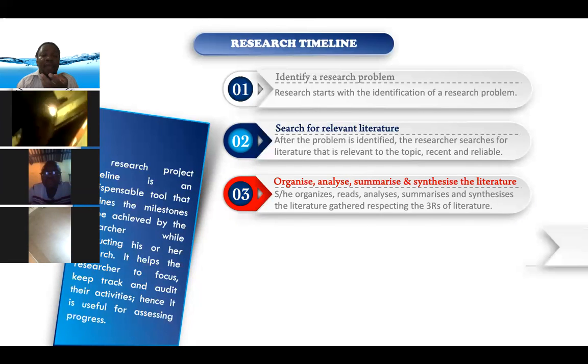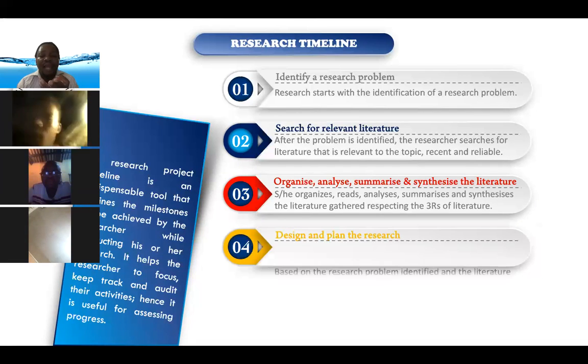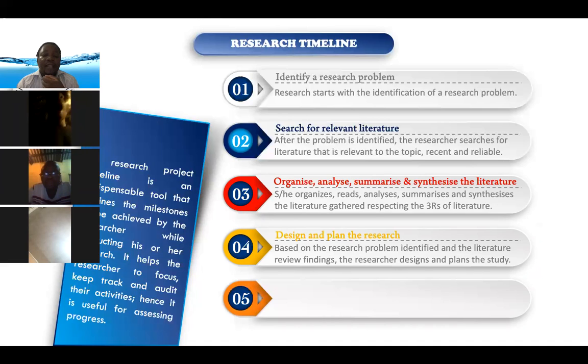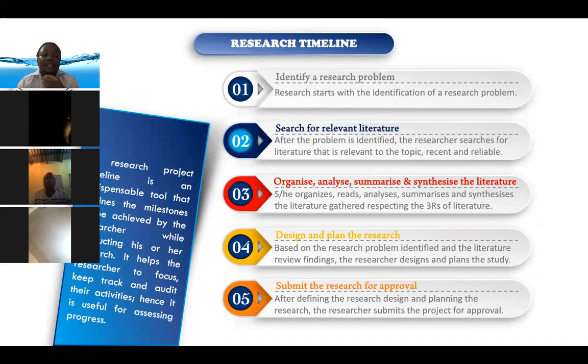And we also have the next one, which is design and plan the research. Based on the research problem identified and the literature review findings, the researcher designs and plans the study. So how long is that going to take you? You also have another one, which is submit the research for approval. After defining the research design and planning, the researcher submits the project for approval.